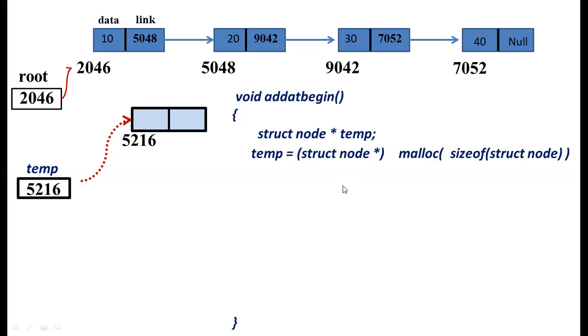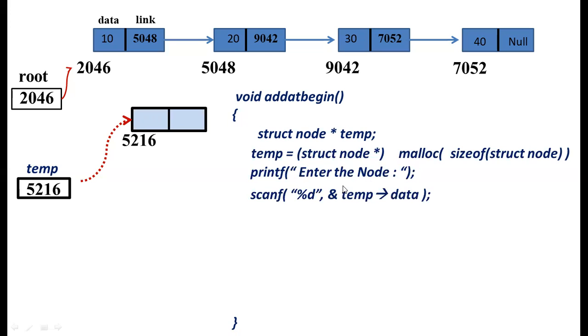Next, what we need to do? We need to read the elements using the printf and scanf commands. We know how to read the elements, we have seen it in our previous videos. So write printf, enter the node, and then we scan by using the scanf function. To scan, we take the address of temp to data.